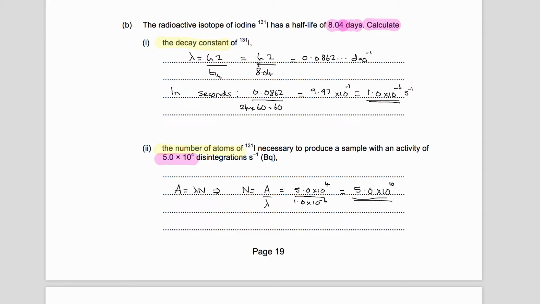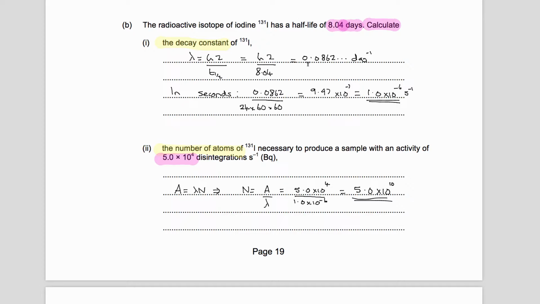We could put our number from the question straight into here, and it gives us 0.0862 per day. That would really do, but because it doesn't say in the question, I'm converting that into seconds, by dividing by the number of seconds in a day. If we do that, we get 1.0 times 10 to the minus 6 per second.